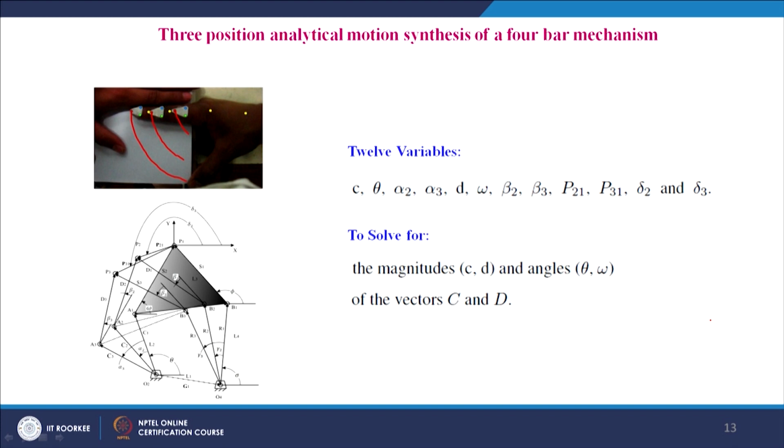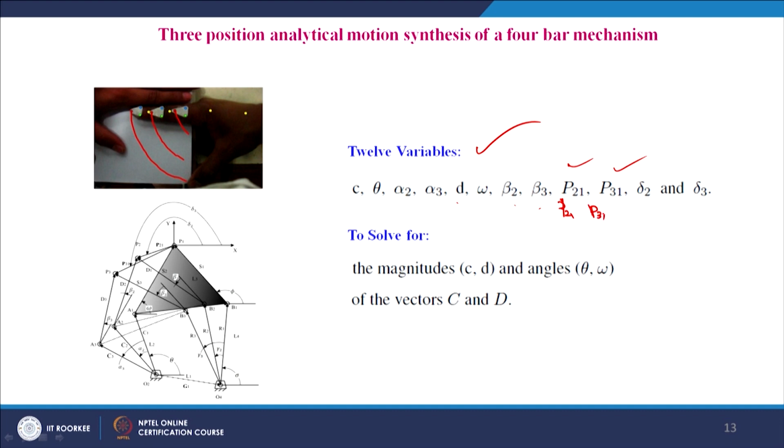Then for these 4 equations, that is 9 to 12, we have 12 variables, that is C, theta, alpha 2, alpha 3, D, omega, beta 2, beta 3, delta 2, delta 3 and vectors P21 and P31. Basically it must be small p21 and small p31.